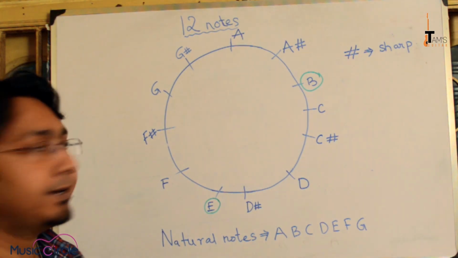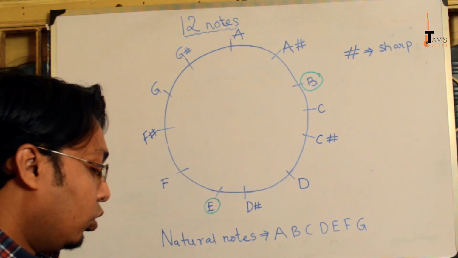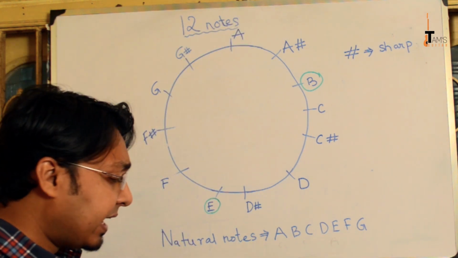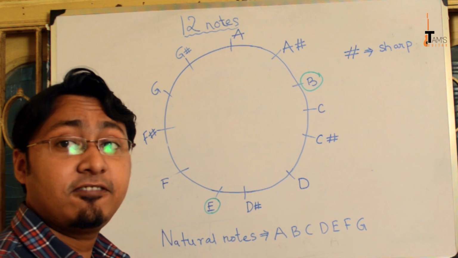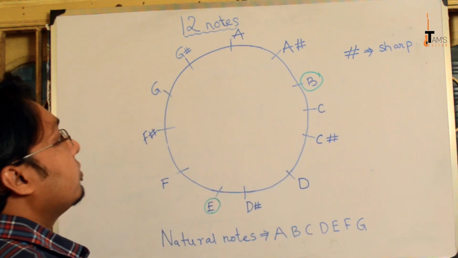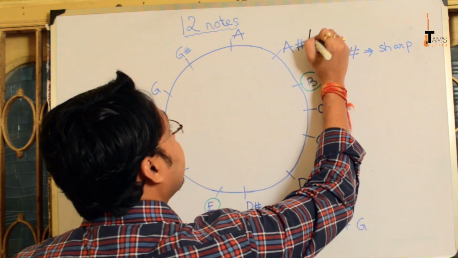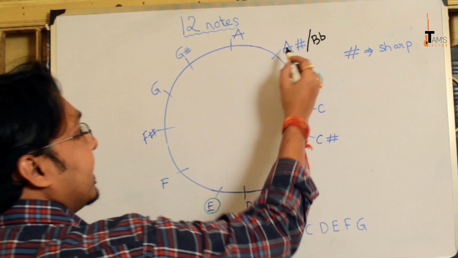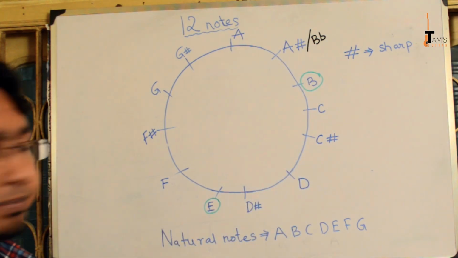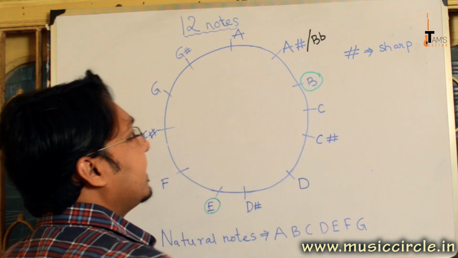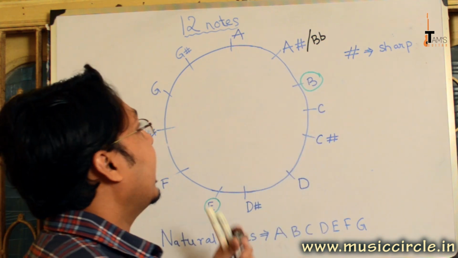Okay, and the notes that have sharps in them can also be named as flats. So we can write it as B flat. Same note having two different names: A sharp and B flat are exactly the same note.